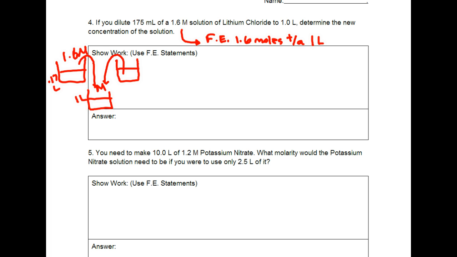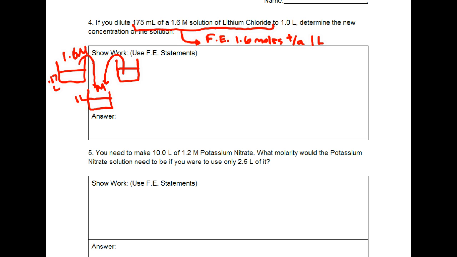That's just another way of writing 1.6 molarity. For every 1.6 moles of lithium chloride, there is 1 liter. So this is the first solution that we're worried about, and we would have known that if we did the drawing.